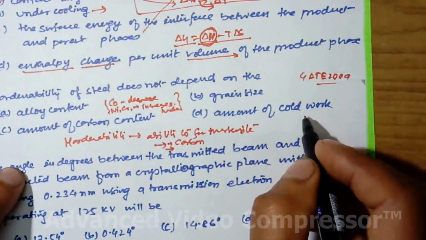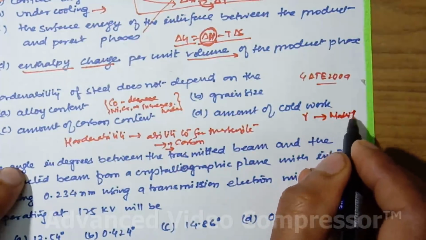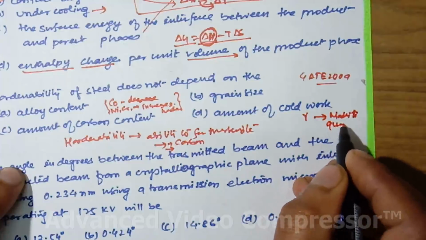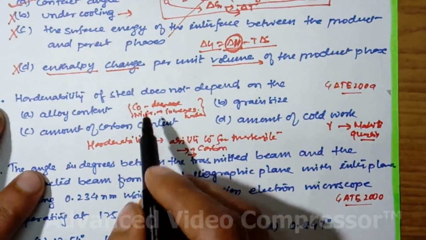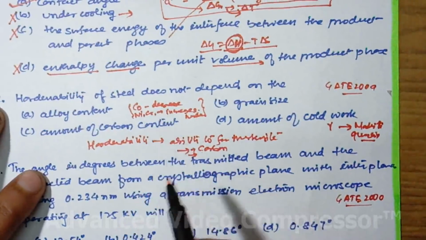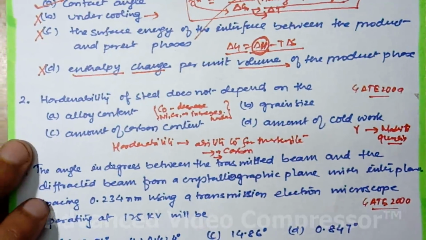We know that gamma transforms to martensite during quenching. But if you provide some particles or nucleation sites, then it will try to transform into pearlite. So that's why cobalt helps in transformation to pearlite, and hence it decreases the hardenability.